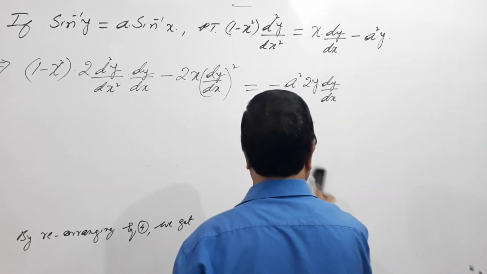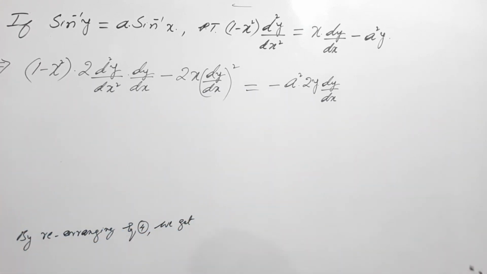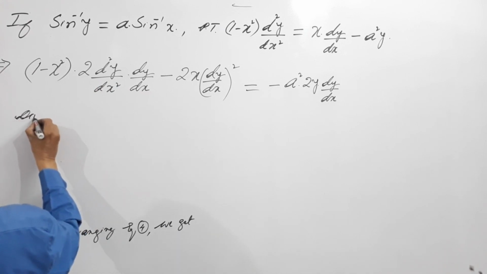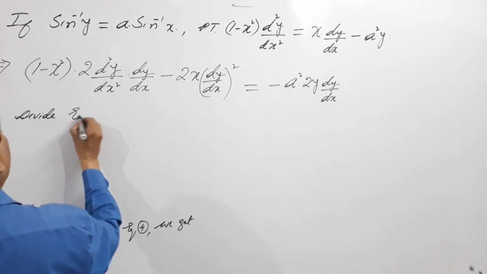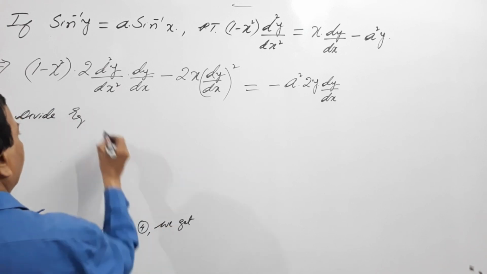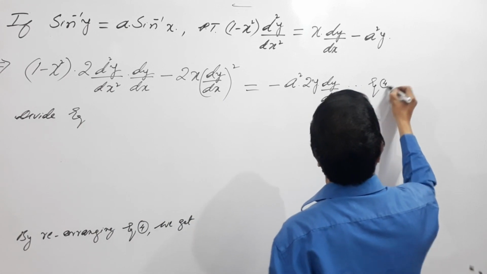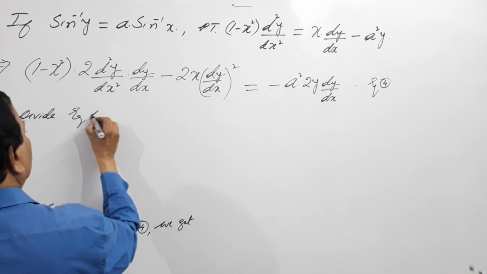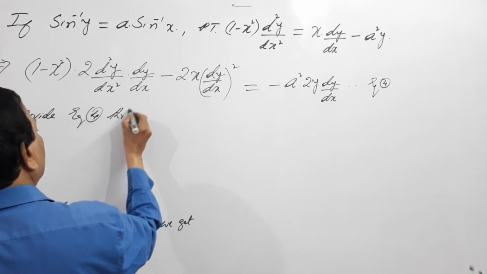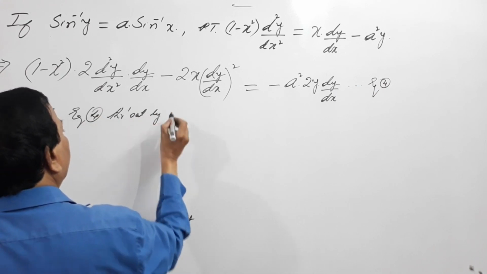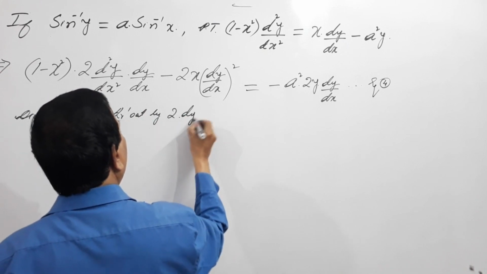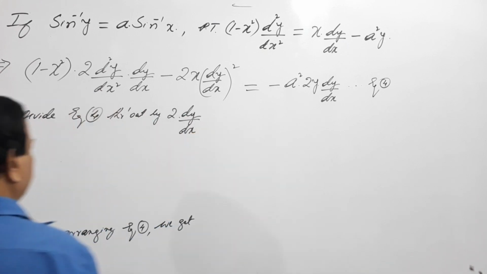What I'll do, I'll divide this equation throughout by 2 dy by dx. Divide equation 4 throughout by 2 into dy by dx. What happens?